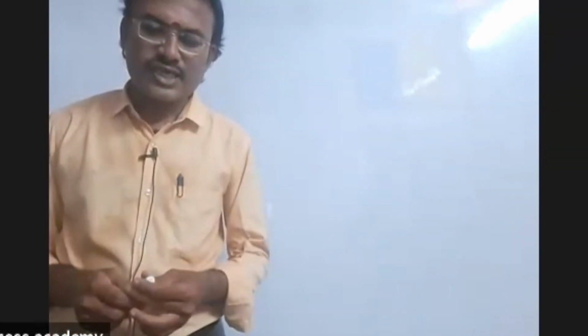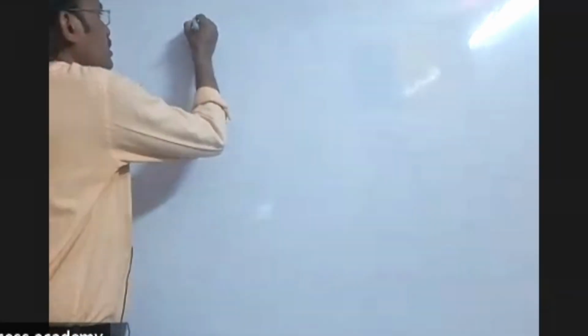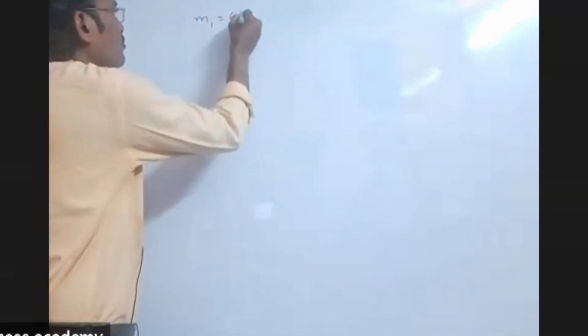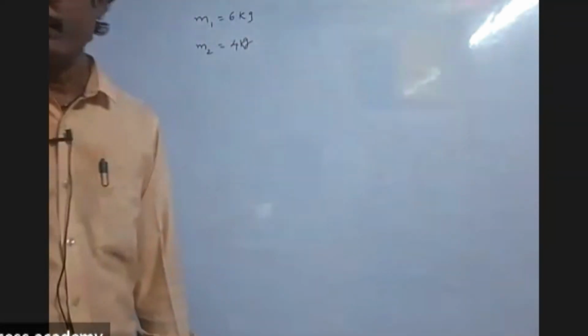Two bodies of 6 kg and 4 kg masses. In this problem, M1 is equal to 6 kg and M2 is equal to 4 kg. They have velocities.